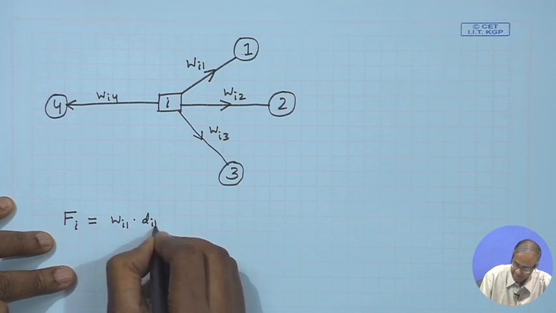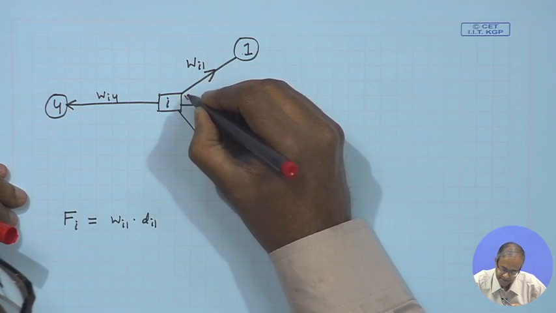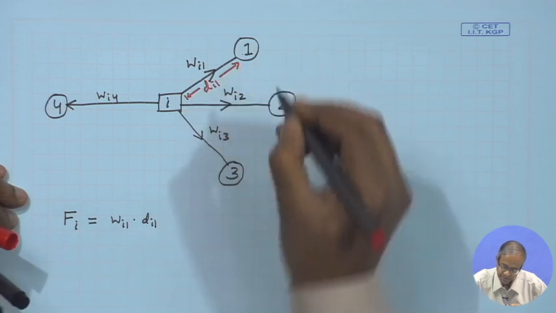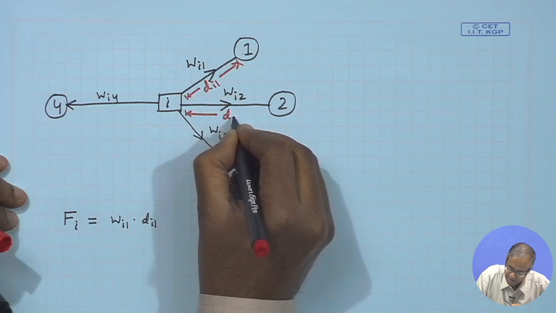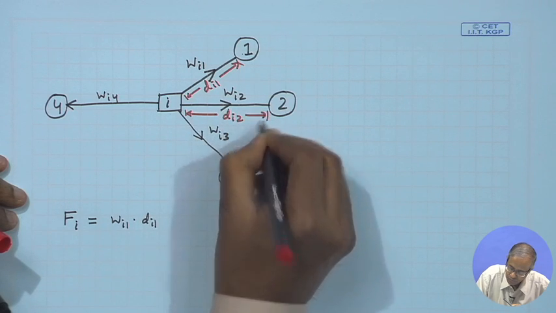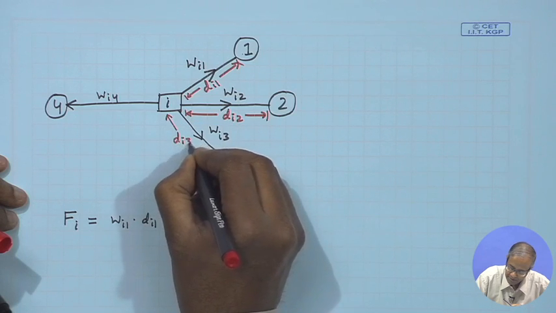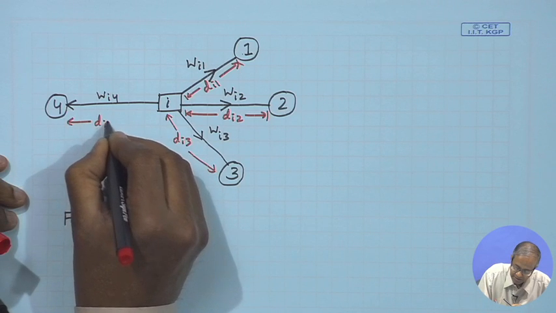So, the total force that will be exerted on the block, Fi, will be denoted by Wi1 into Di1, where Di1 is the distance, this is Di1. Similarly, this will be Di2, this will be Di3 and this will be Di4.